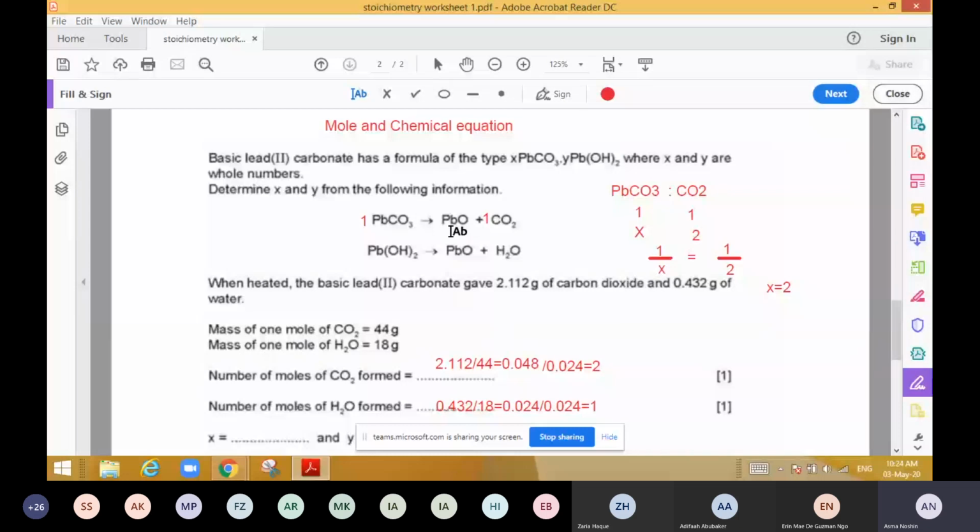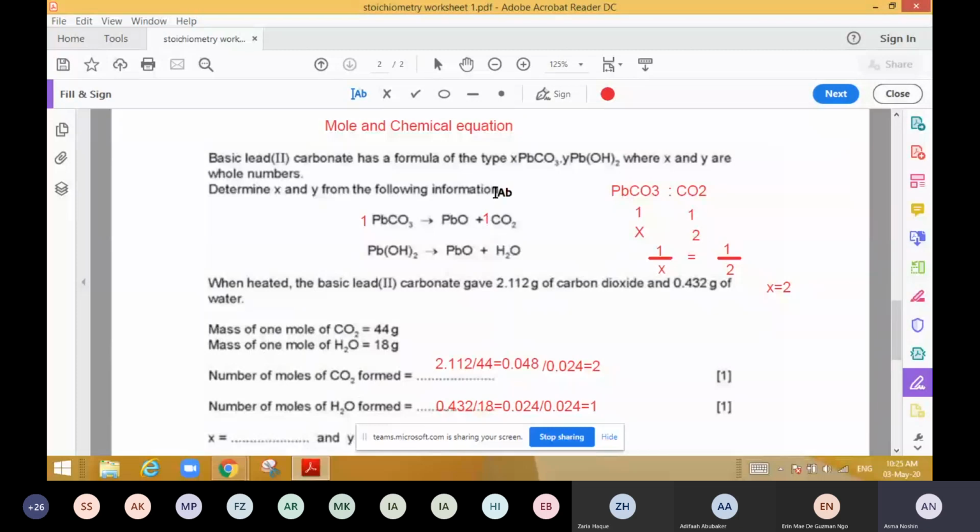Why did I not write 1 with lead oxide? Because they are asking over here, if you see the question, you have to predict the formula for lead carbonate using carbon dioxide. This is the mole and chemical equation. You have to use moles.